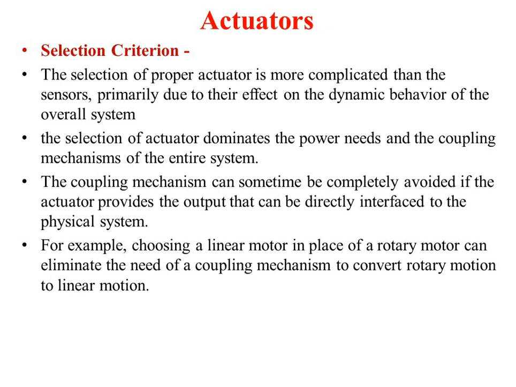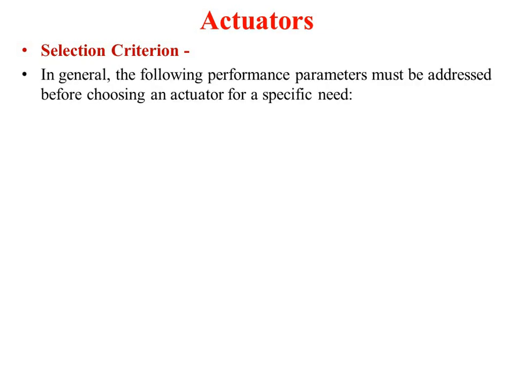We know that rotary motors move in a rotary motion, and if you want to convert rotary into linear, then you have to use a linear converter or linear coupling mechanism. But if a linear motor is available for direct interfacing, then we can avoid the rotary motor along with a coupling mechanism. That is the example we have taken here. So there are general factors or parameters that we need to consider when we select the actuator.